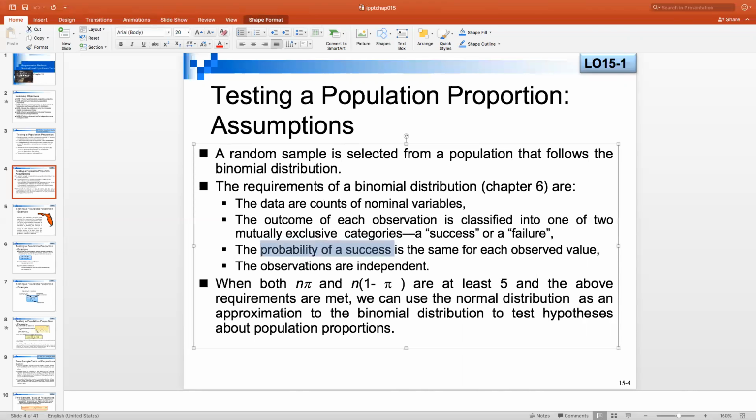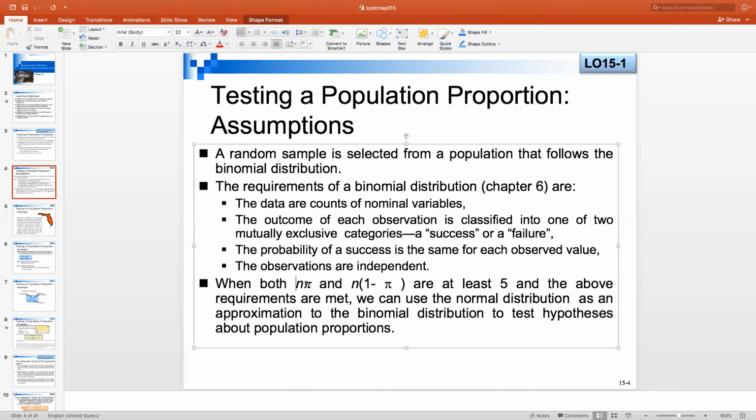The observations are independent. Choosing a person is not impacted by a person I chose previously. It's not as if because I chose 40 people, that 41st person is going to have some sort of different outcome. It doesn't matter. So the binomial distribution has those traits, and they are brought into this portion of our testing, which is, again, the population proportion.